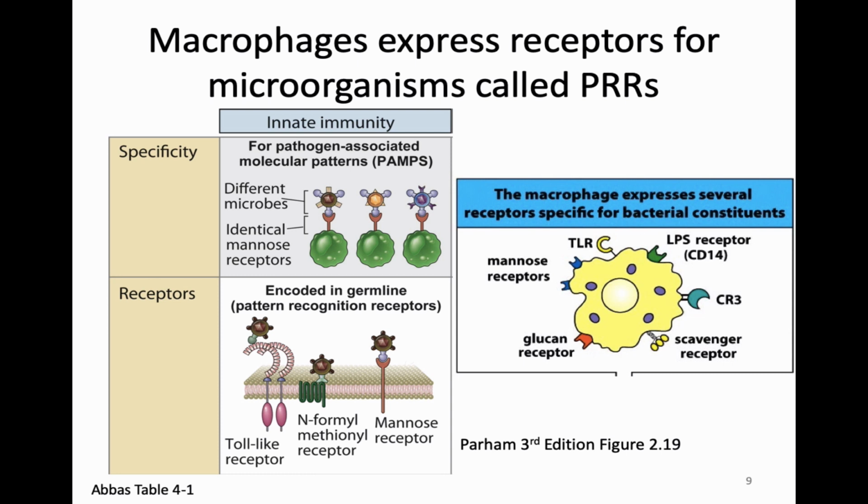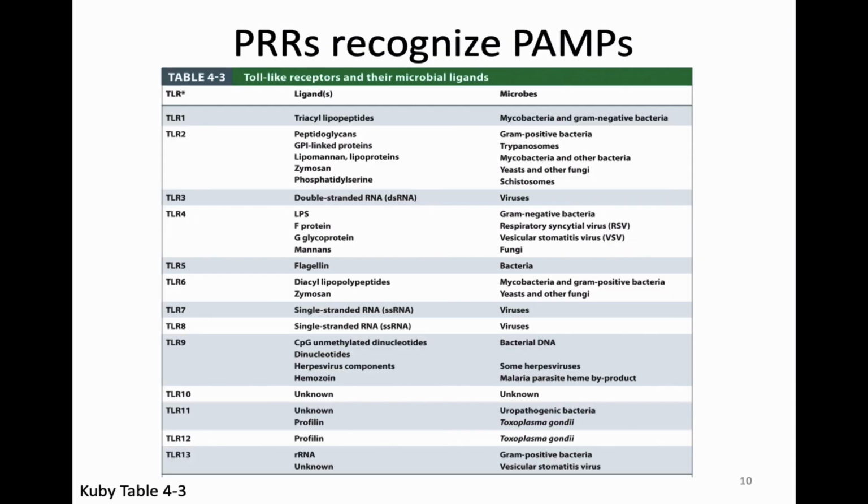So as I mentioned, the molecules from the microbes that are bound here are bound by receptors called pattern recognition receptors. There are specific names for the patterns from the microbes as well. The microbial patterns, which are bound by pattern recognition receptors, or PRRs, are often referred to as PAMPs.